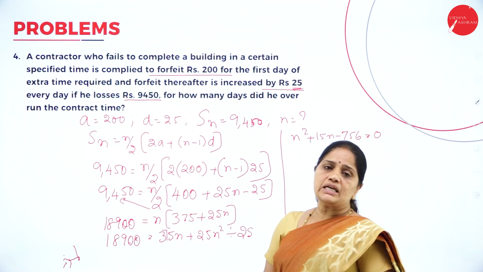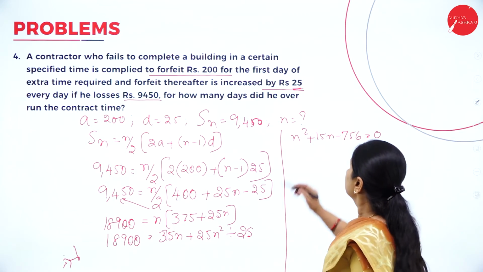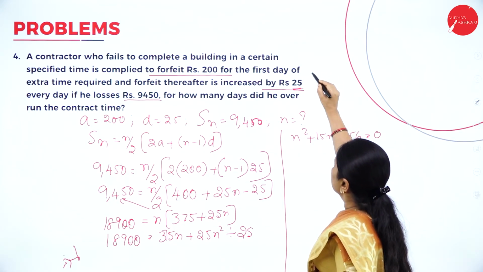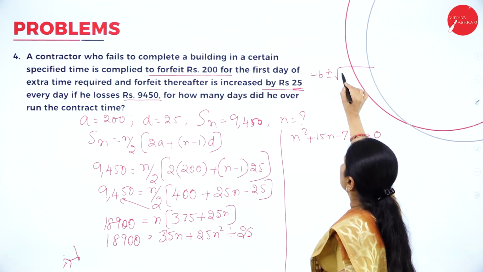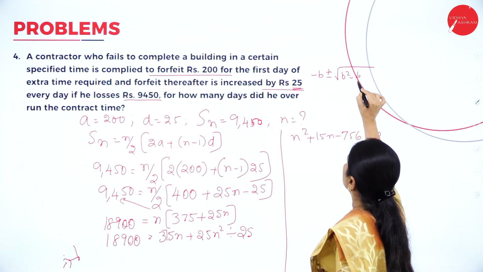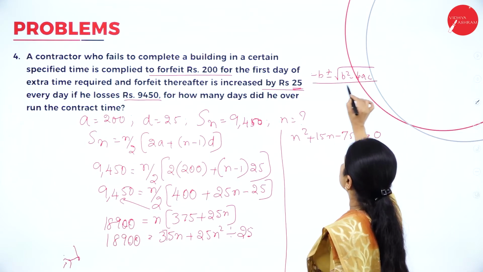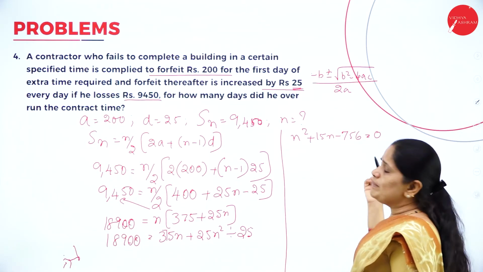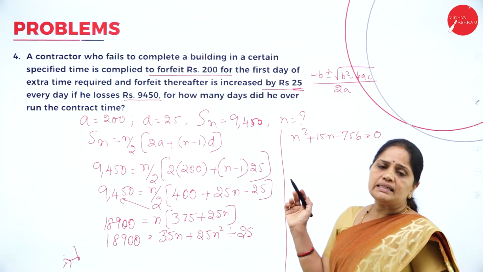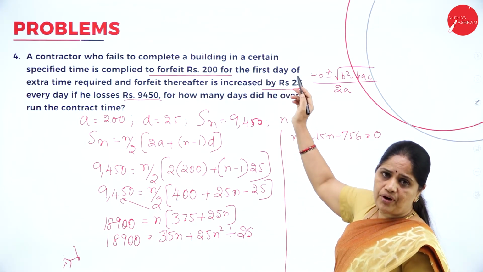Now, this 756 does not have multiples. So I am making use of the formula here: minus b plus or minus root of b square minus 4ac divided by 2a. So there are no multiples for this number, then I make use of the formula here.